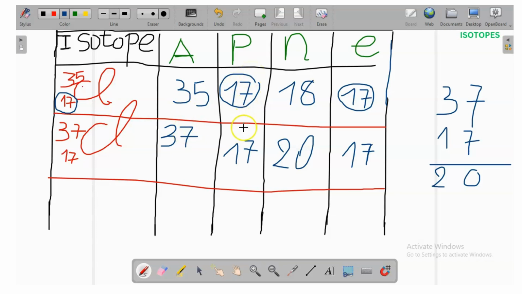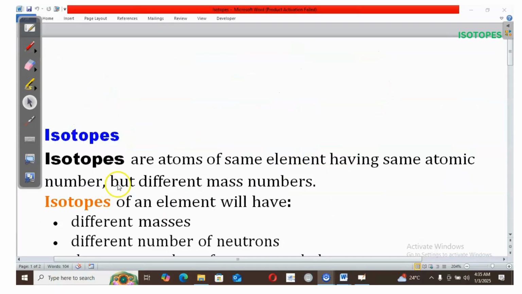The number of protons is the same, and the number of neutrons is different. As a conclusion, isotopes are atoms of the same element having the same atomic number but different mass numbers.